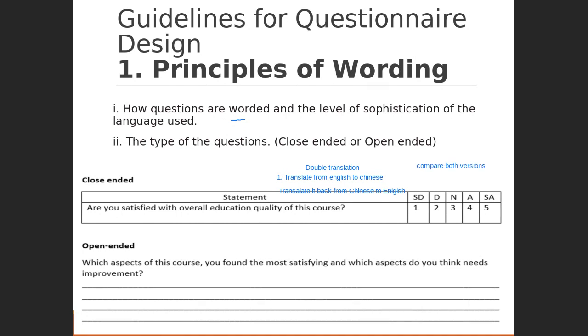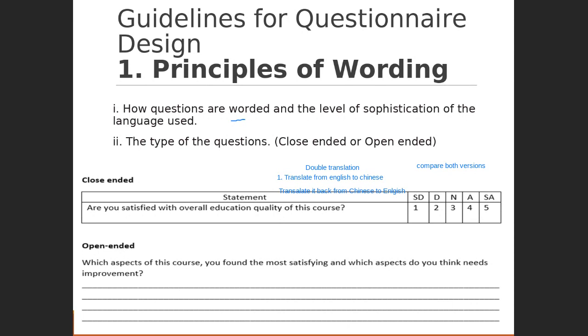So when you are using the double translation method, the first step is to translate your questionnaire from English to the Chinese language. The second step is to translate it back from Chinese to English. And the third step is to compare both versions, both pre-translated version and post-translated version, because sometimes you are not able to translate some words due to local cultural things, or due to the local semantics of the language.